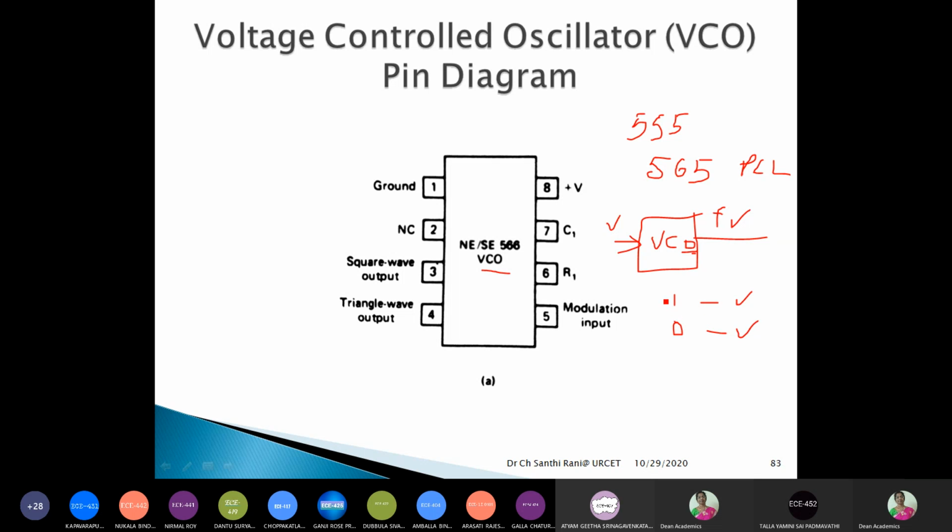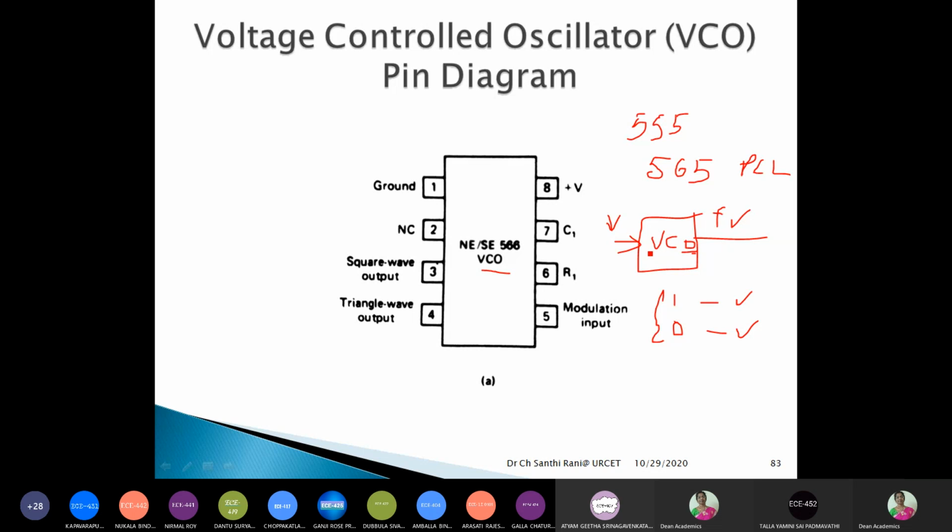So digital data is converted into respective carrier frequencies and transmitted. The input is some DC voltage, either 0 volts or logic 1 equivalent to 5 volts, and then the voltage control oscillator will generate the frequency at the output.